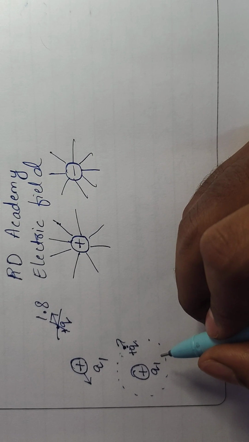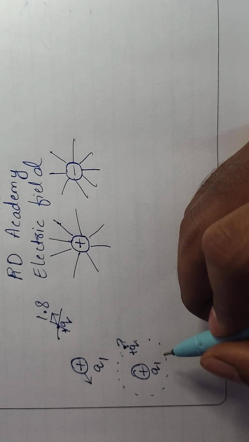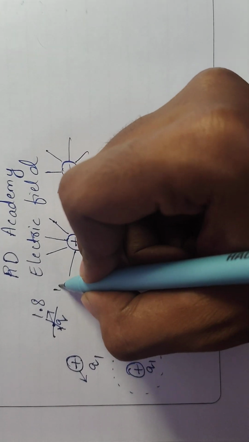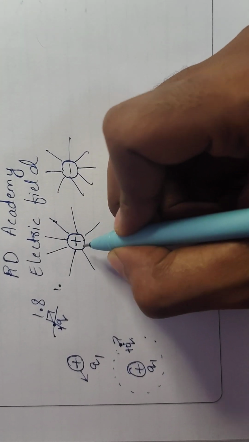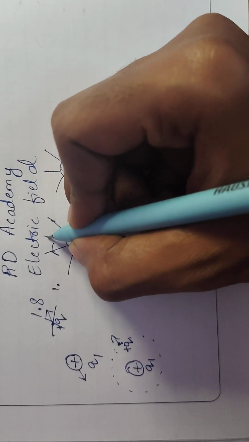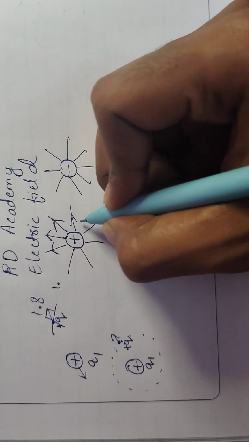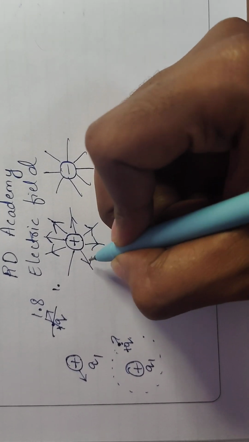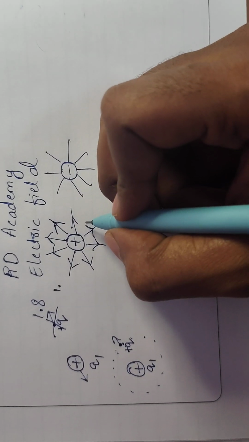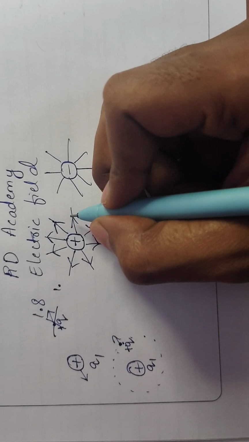Now, there is one standard convention associated with the electric field. Firstly, for a positive charge, the electric field lines always diverge radially outwards. That is, they start from the charge and move outwards. This is also known as diverging radially outward.